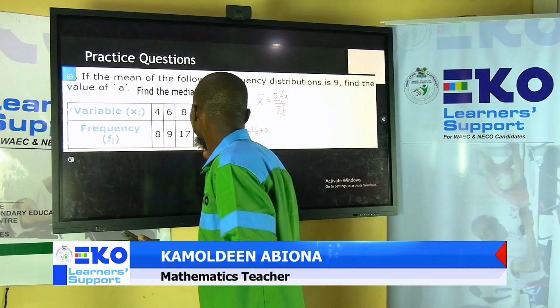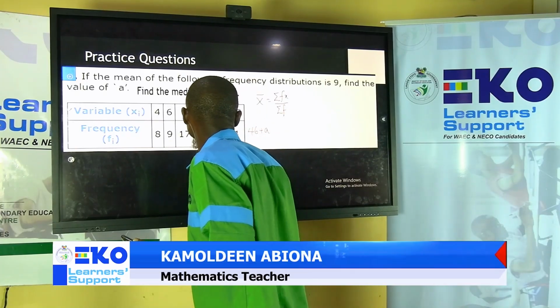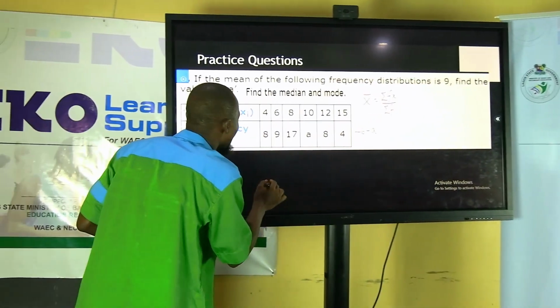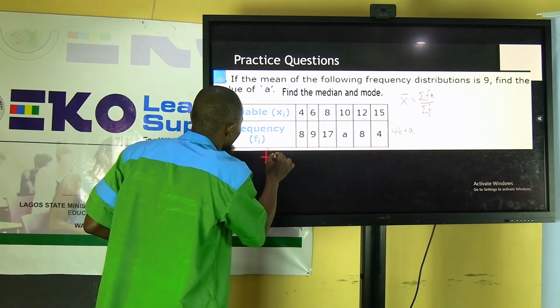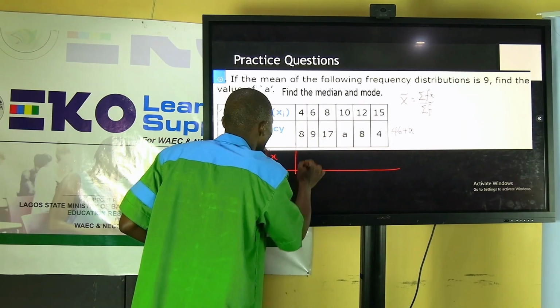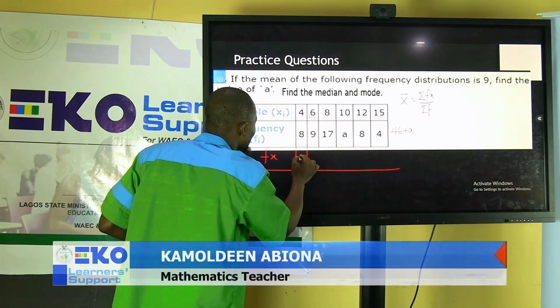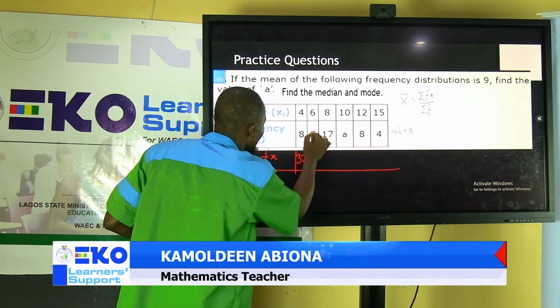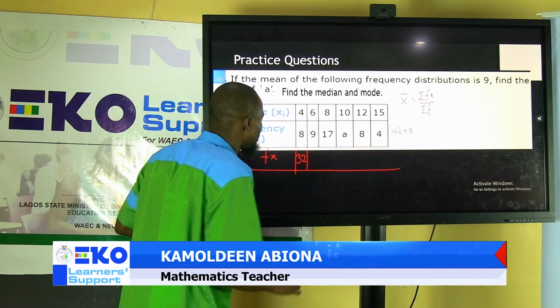The next thing is to look for summation f multiplied by x. So let's create another row here. So 4 times 8 is what? 32. 6 times 9 is what?